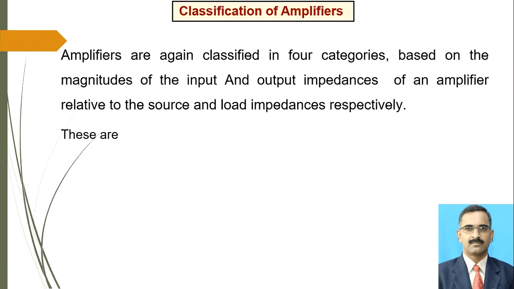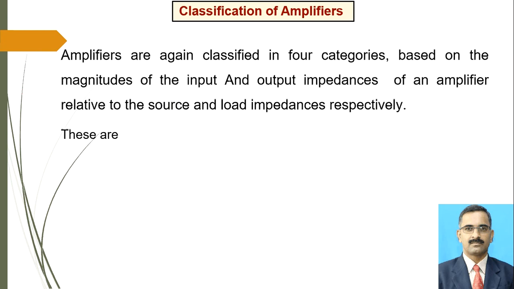In that classification, the amplifiers are again classified into four categories. These categories are based on the magnitude of the input and output impedance of an amplifier, which is relative to the source and load impedance respectively.